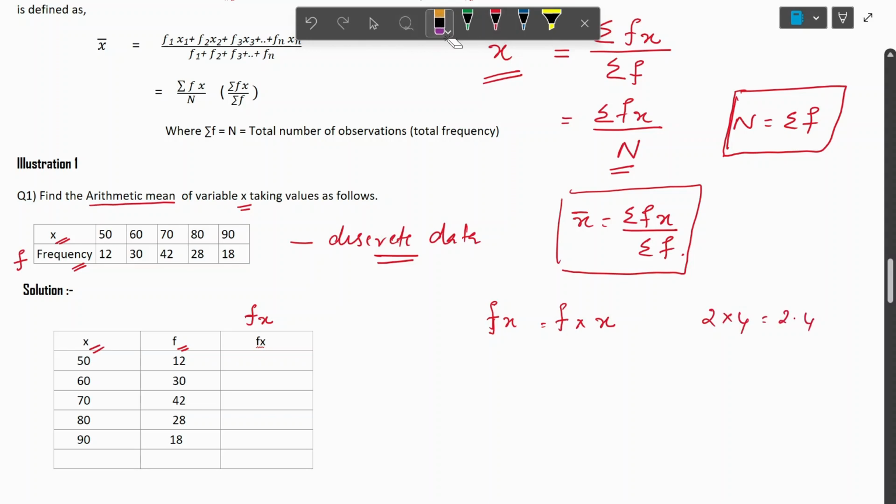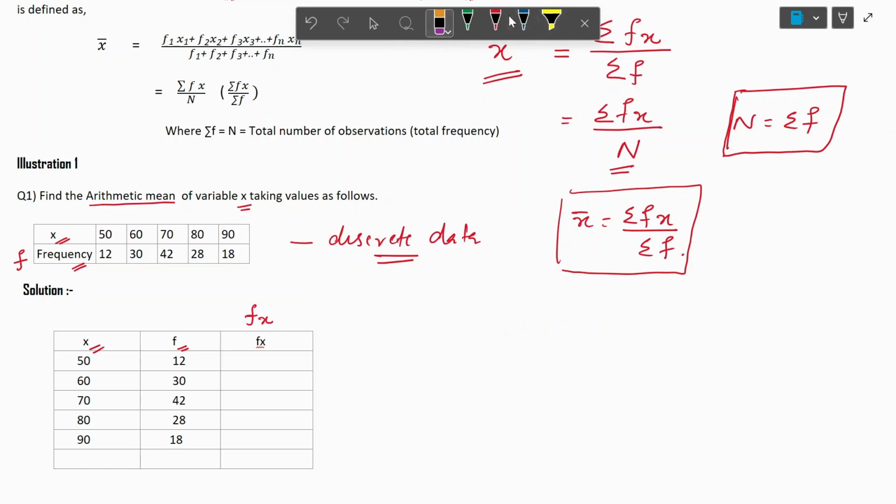Here we are going to take the values and fill this column. First one, 50 into 12. The answer is 600. I'm going to fill it here, 600. Next is 60 into 30, that is 1800.